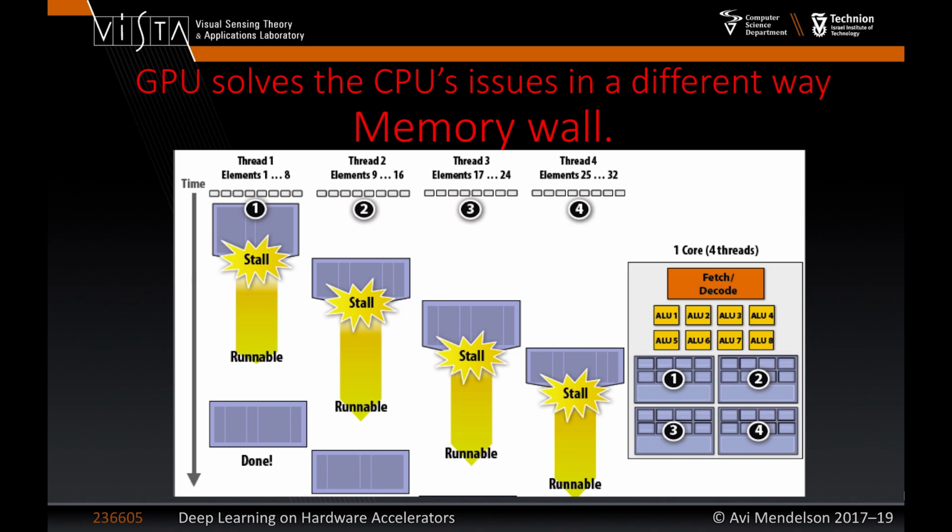There is a minor problem that right now Nvidia starts to suffer from. And the minor problem is, and we'll discuss it if we have time at the end or next time, that today we are paying a lot of power for memory transfers.